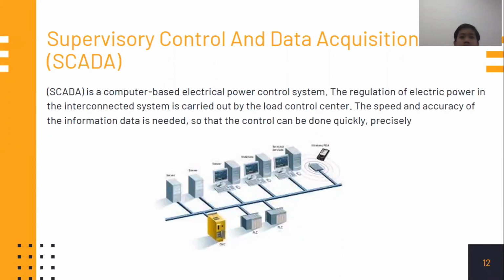Supervisory Control and Data Acquisition, or SCADA. SCADA is a computer-based electrical power control system. The regulation of electrical power in the interconnected system is carried out by the load control center. The speed and accuracy of the information data is needed so that the control can be done quickly and precisely.